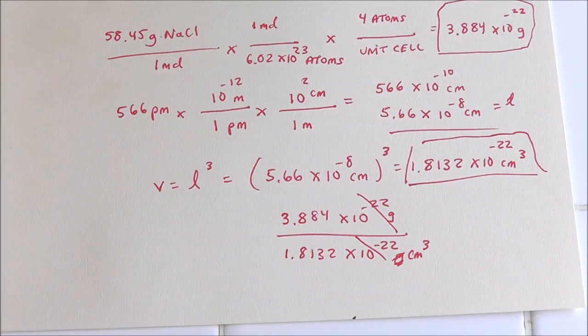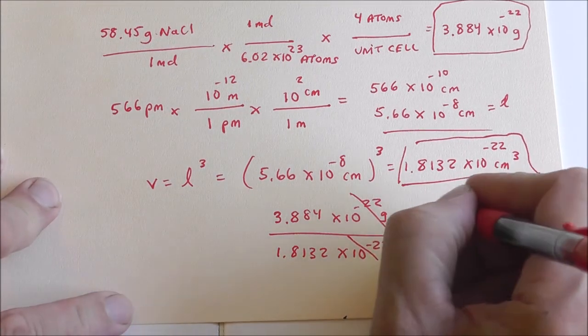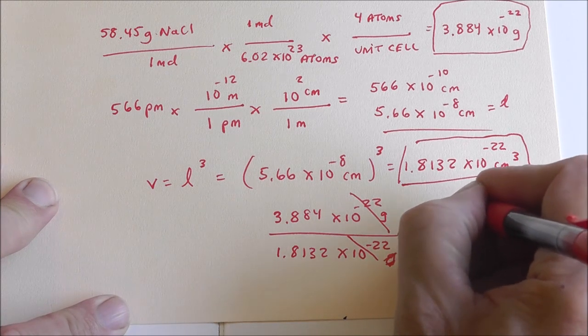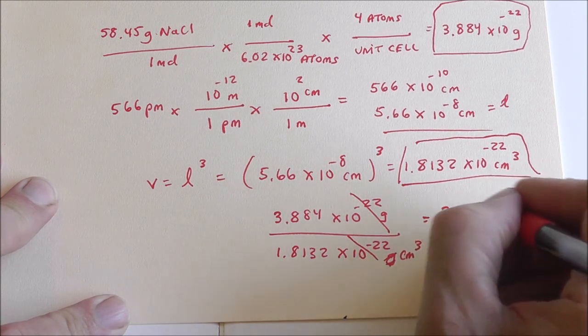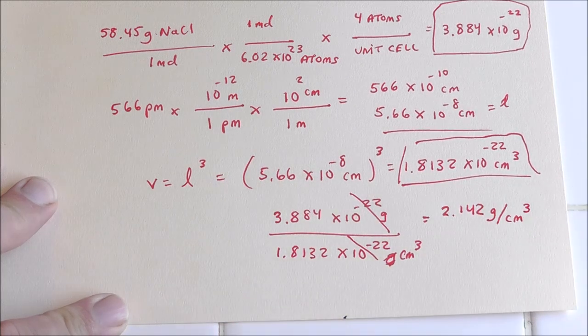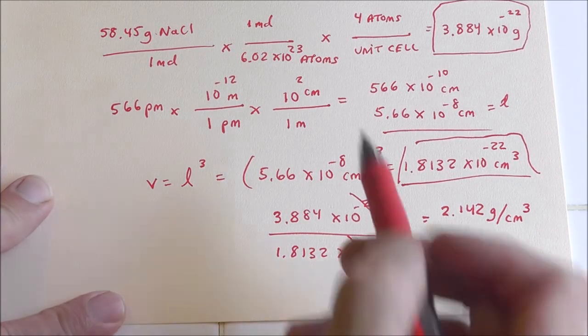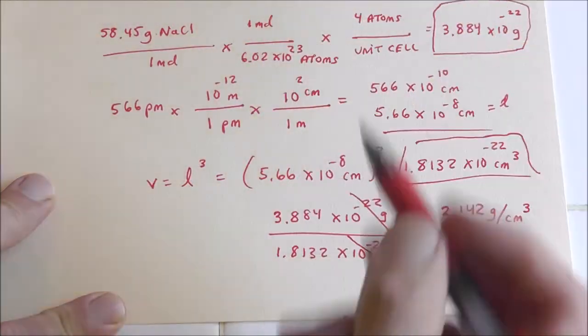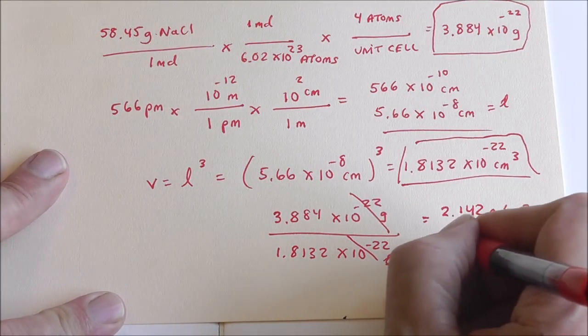It ends up being whatever 3.884 divided by 1.8132 is: 2.142. If I was really going to be complete, everything we've been given was in 3 digits, so I'm going to call it 2.14.